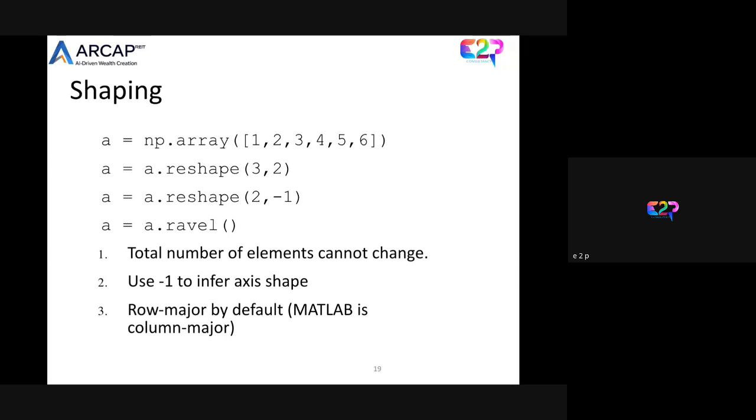Okay, and again we are reshaping that to 2 by 1. Like that, we are changing the shape of any array. That we call shaping of any array. This is very important while we are applying data cleaning.